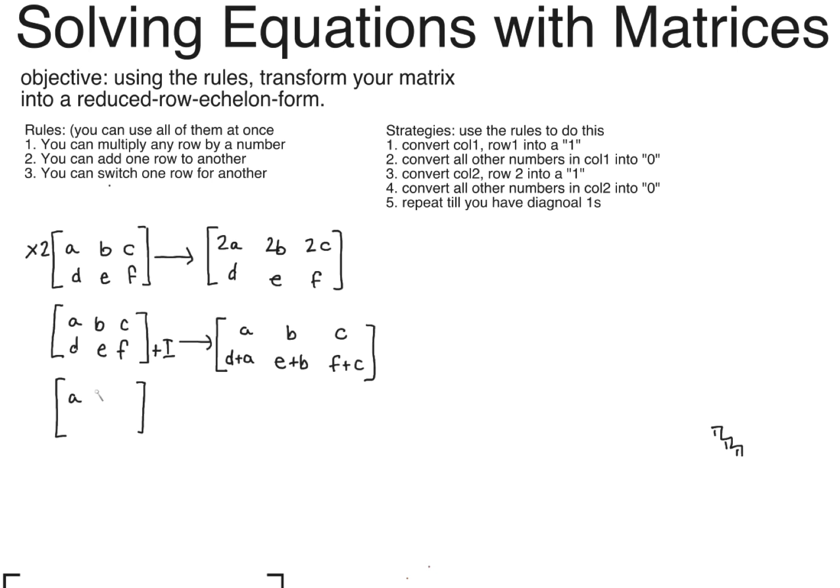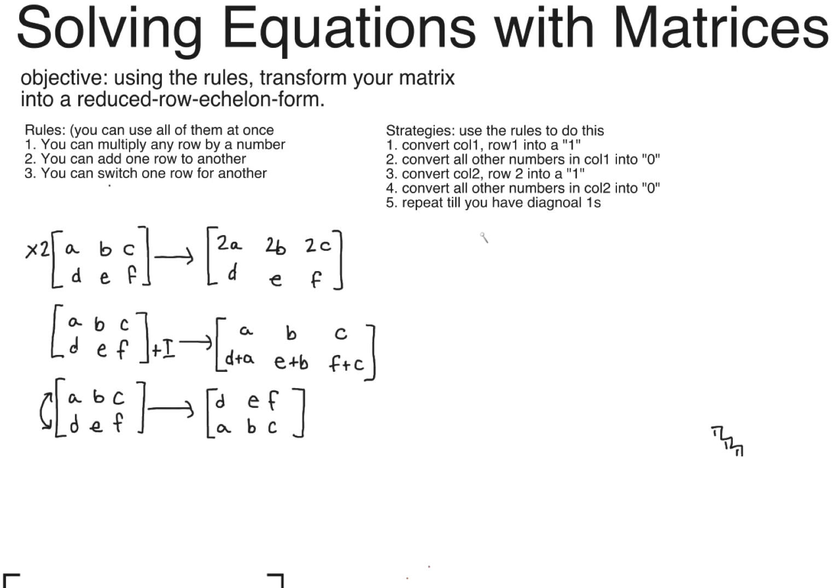So we can go again A, B, C, D, E, F. To switch rows, we just do this little double arrow like that, and that gives us D, E, F, A, B, C. Each one of these rules doesn't even look very interesting by itself. It's once we start using all of these to approach our strategies, and we're going to have a couple of matrices we're going to work on. So, these are the rules and the strategies.